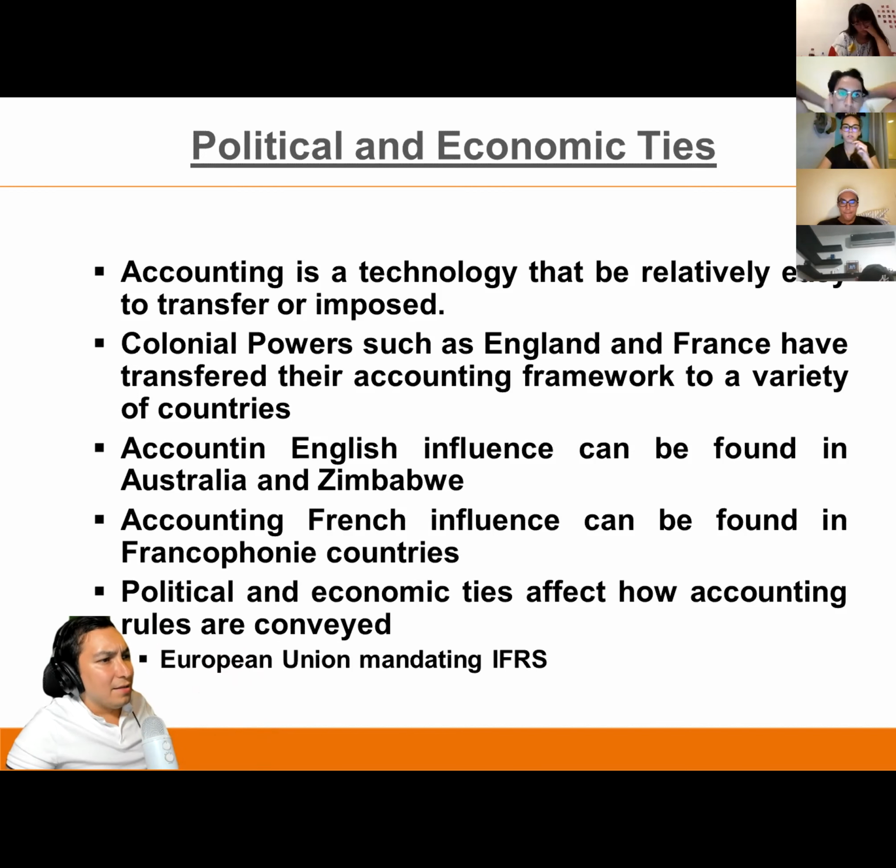Political and economic ties. This means there are some related topics from countries, like Mexico has great influence from the US. Like from England, Jamaica has great influence that you can find in Jamaica. So we can share accountancy aspects from them.